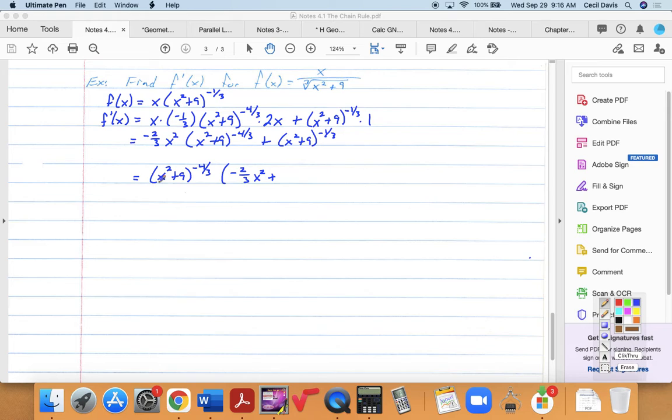Hey, that's really nice. It's 1 again. This happens all the time. So that's just going to be x squared plus 9. So we end up with x squared plus 9 to the negative 4/3 times 1/3 x squared plus 9.